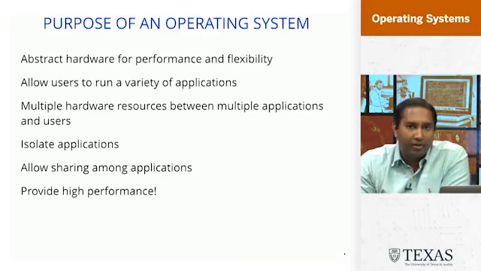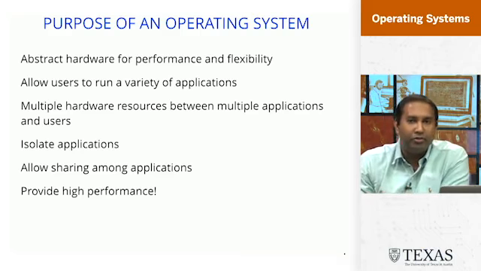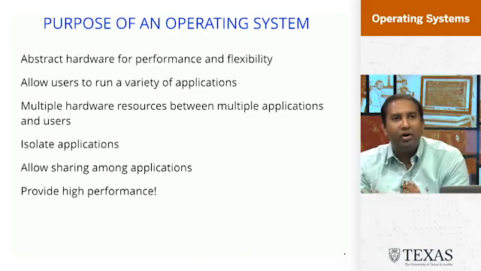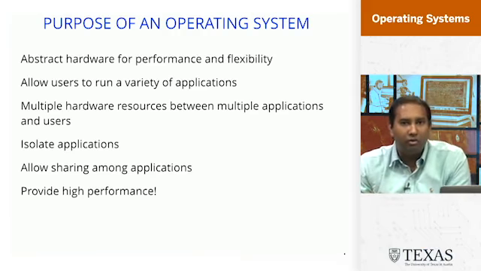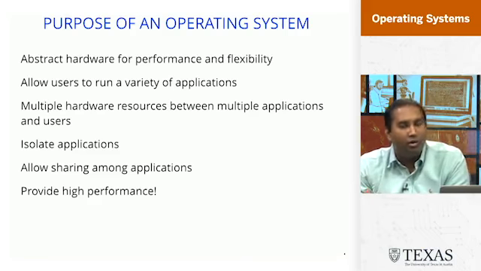Another important aspect of an operating system is that just because another user is doing something wrong, you don't want them to be able to bring down the whole operating system. So you want to isolate different applications so that even if one application is buggy, it doesn't bring down the whole operating system.